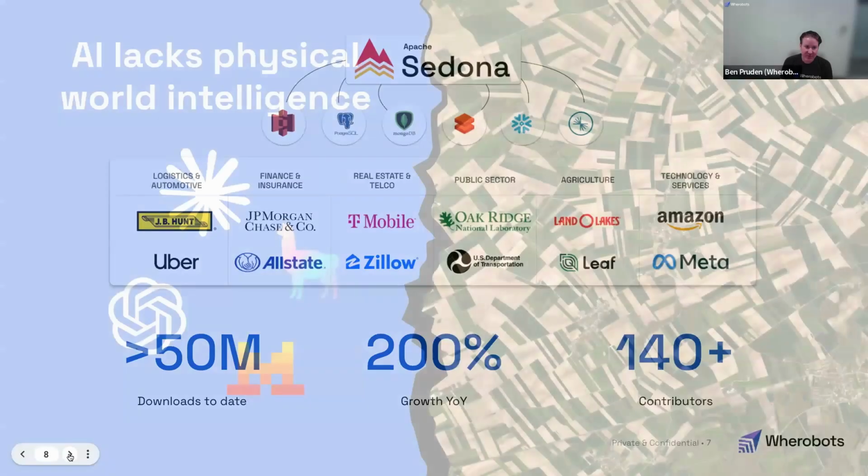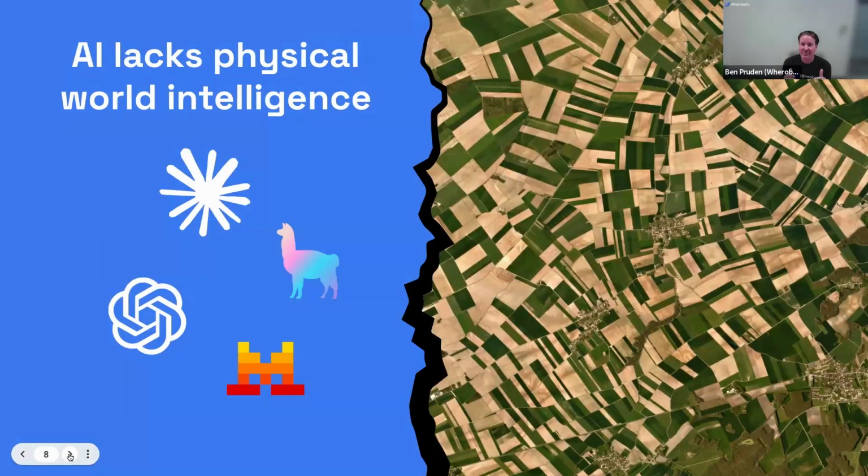All right. So one of the problems that we are addressing as a company is when you're interacting with AI systems today, like ChatGPT or other large language models, you want to ask questions about what's going on with the physical world. You want to understand how the physical world is changing and what you should be doing as it relates to your business.